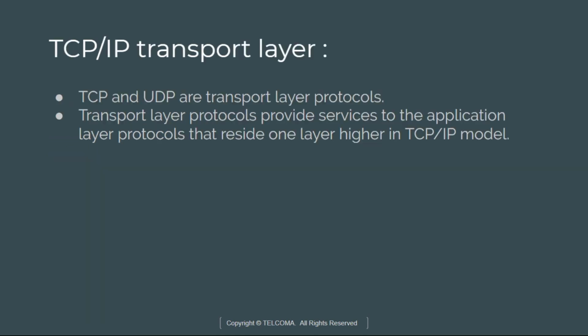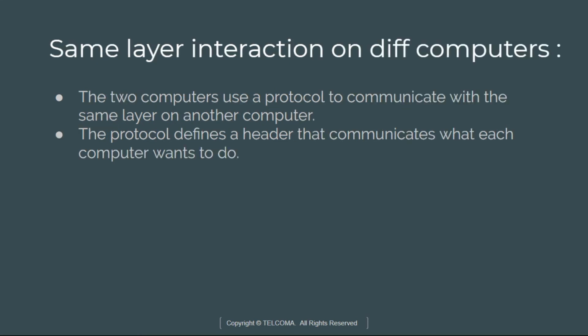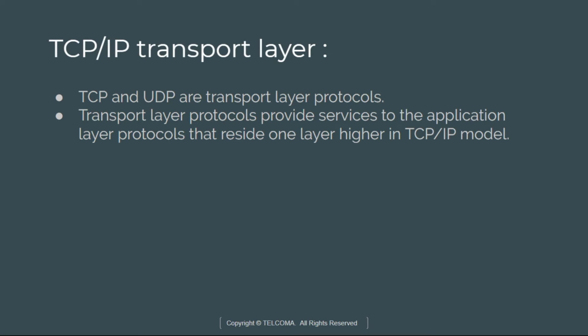We have the TCP/IP transport layer. Here Transmission Control Protocol and User Datagram Protocol are the main protocols. They provide services to the application layer, which resides one layer higher. Here it has error recovery. TCP has an error recovery service provided to application layer protocols.